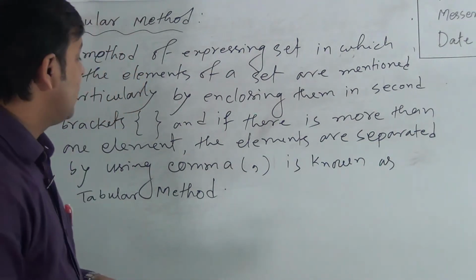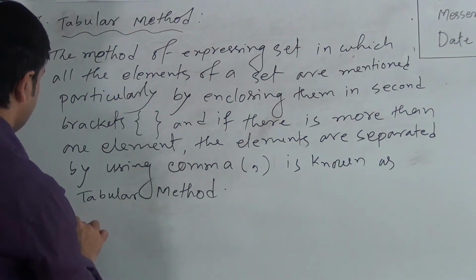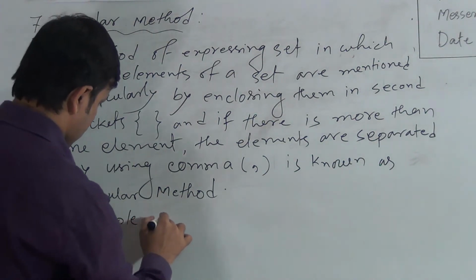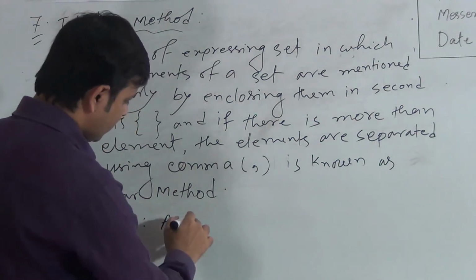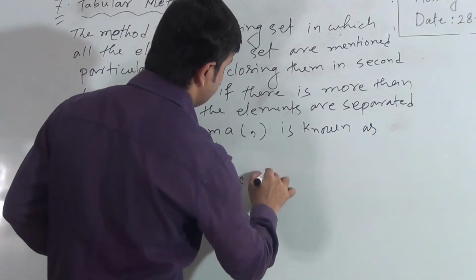Okay. Now, if you want, you can give an example. A is a set, elements are a, b, c, d.